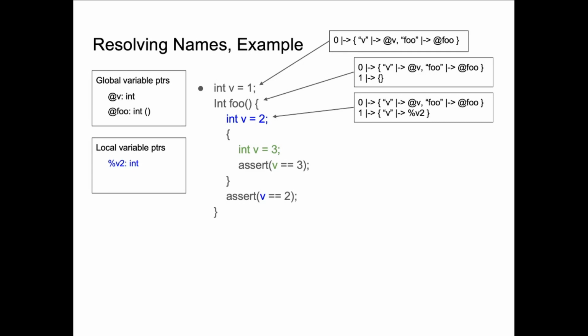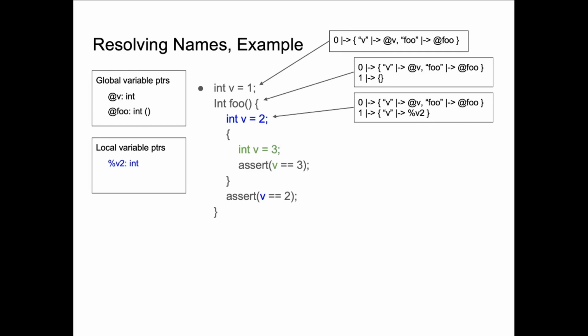So actually this name is not semantically meaningful. So we are going to add a local variable, whatever it is called, but we are going to call it &v2, which is going to store a pointer to the variable that is just declared in this integer v equals 2.